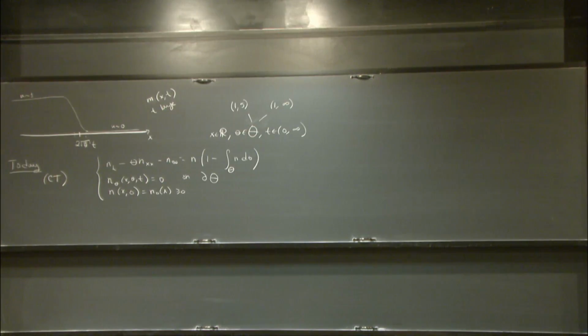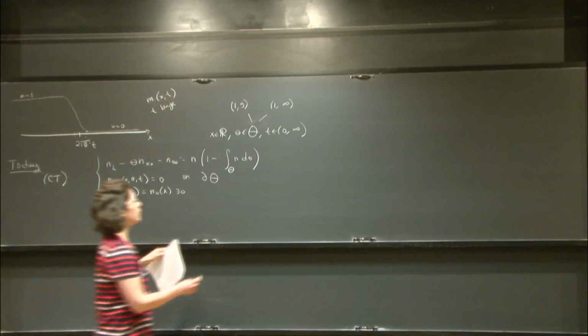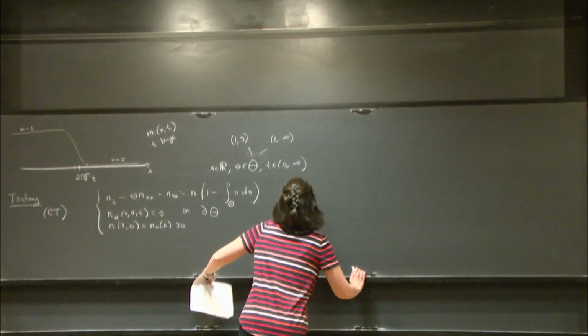That's the creature that was invading Australia. This equation doesn't have a comparison principle. You don't right away see that solutions are bounded. So a lot of the techniques that you might want to use are not available to you.